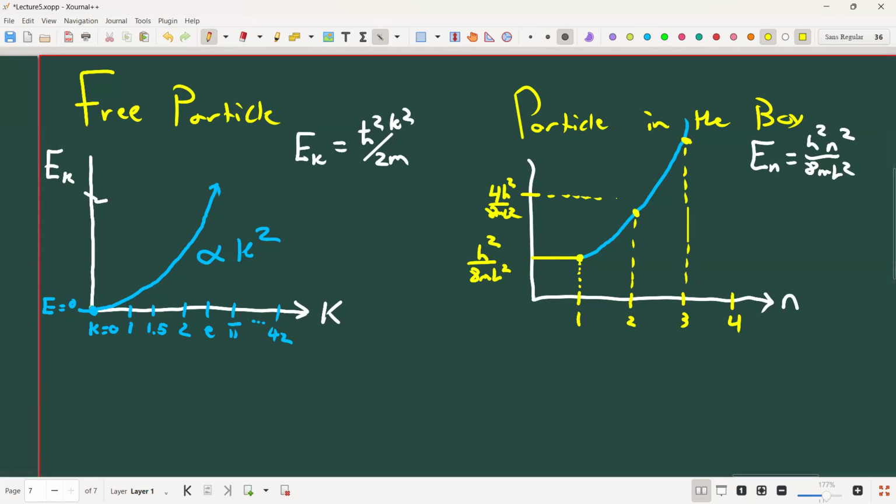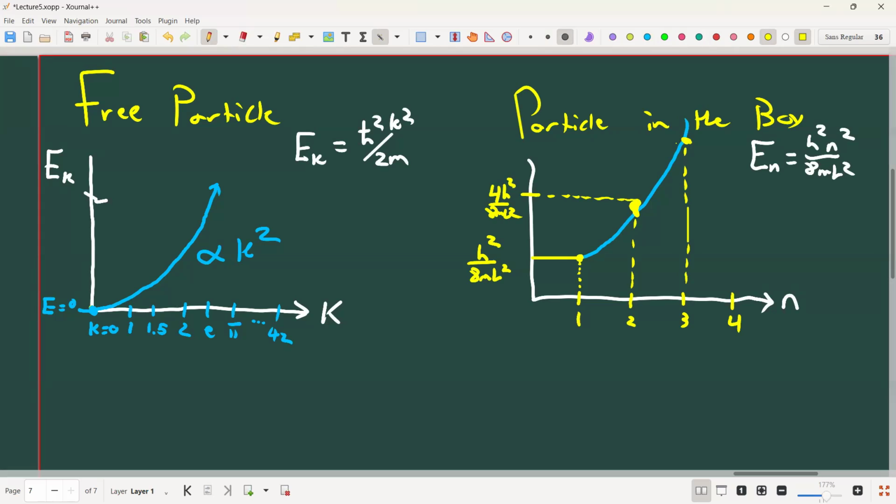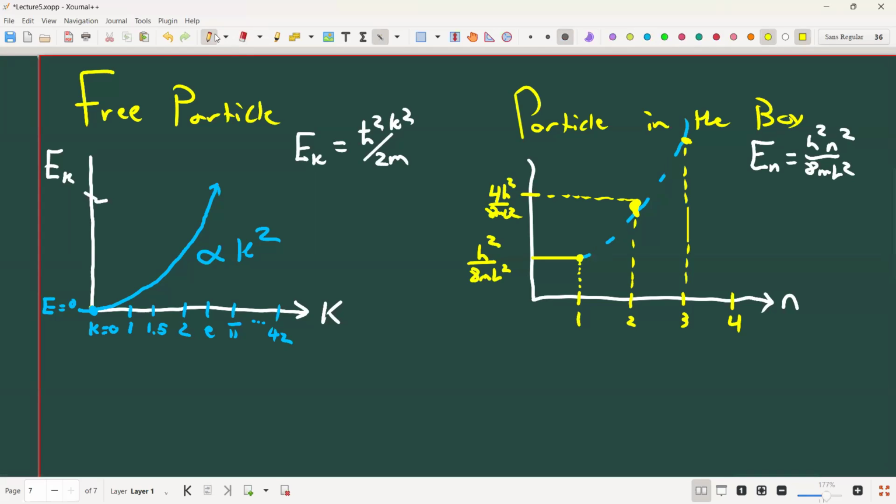These are our first three energy levels. But there's no energies between them. These are completely imaginary. There's nothing here. There's no energies in between these values.